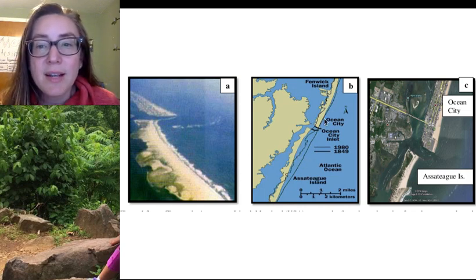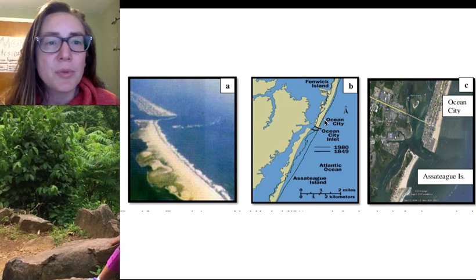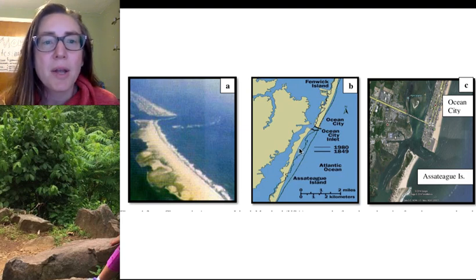Ocean City has not retreated as much, but again, Ocean City is going to be putting in these seawalls and these groins that are going to prevent it from losing a lot of its land due to sand loss. But if you notice right after that, this Assateague Island is being much more severely impacted. It was retreating much faster because all of the sand is being stopped right here.